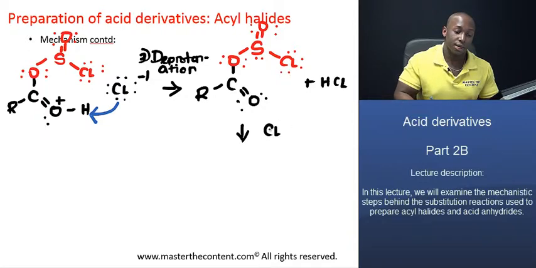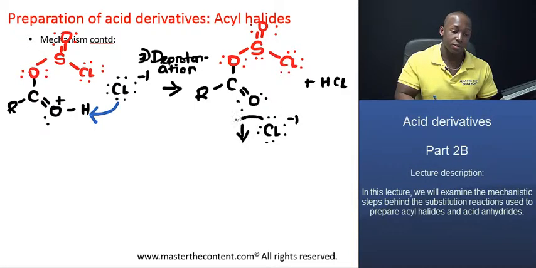So I'm going to quickly draw that. Okay, that's going to be another chloride ion right there. That is then going to add to the carbonyl group. Remember, that center right there is very electrophilic, resulting in the formation of a compound that looks something like this.